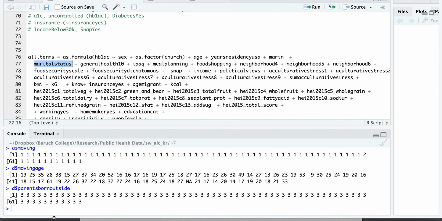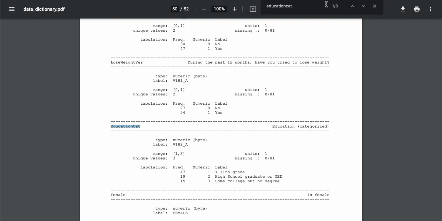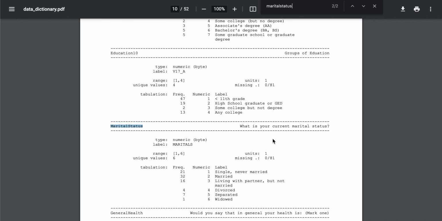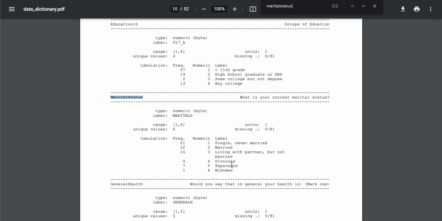We have marital status. We have these 6 categories.